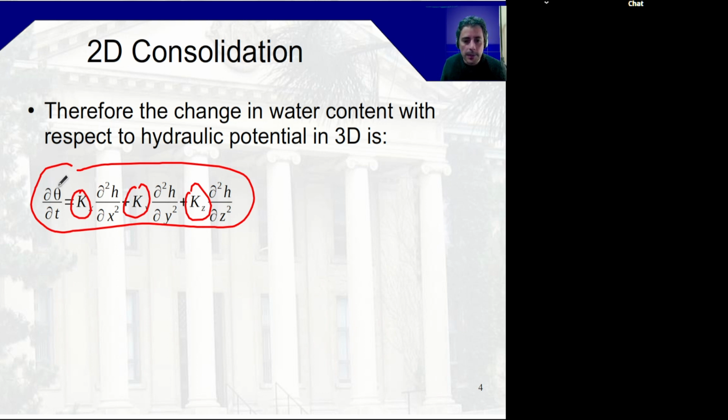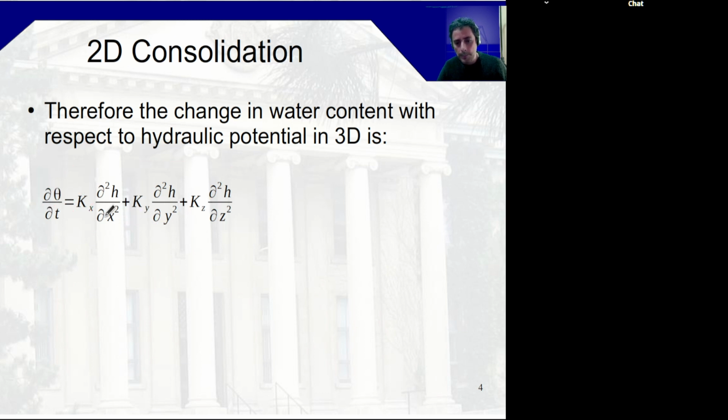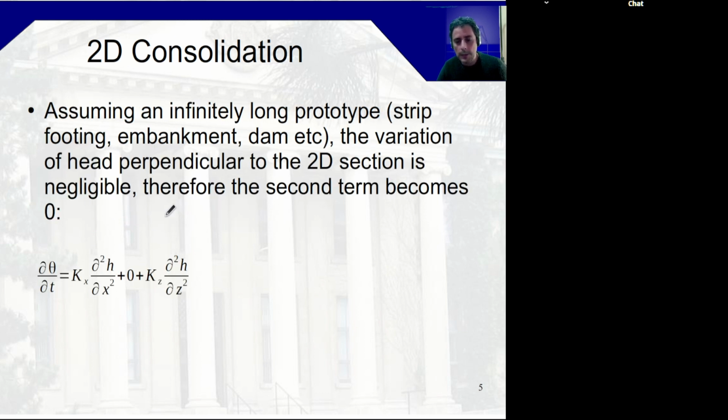But at the same time, for the change in water content, for a given volume, it doesn't matter if the water is going that way or that way, so you add all the water leaving in all directions to tell you how much water you lost in any given area. That's why we add them all up into that term.